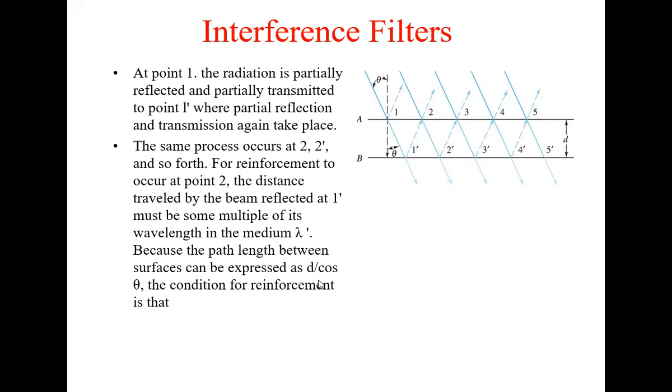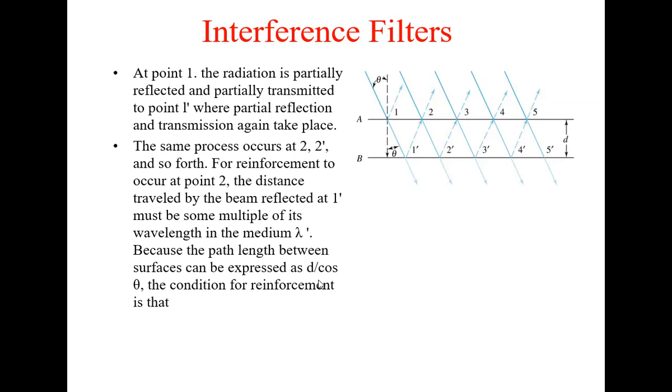What was the equation again? Wavelength equals 2dn over n. Yes. What about the one relating the cosine? 2d divided by cosine. That gives you n lambda prime.